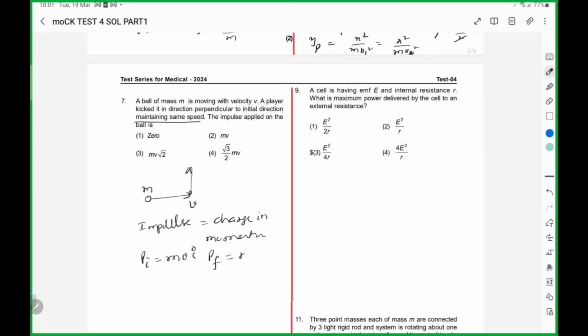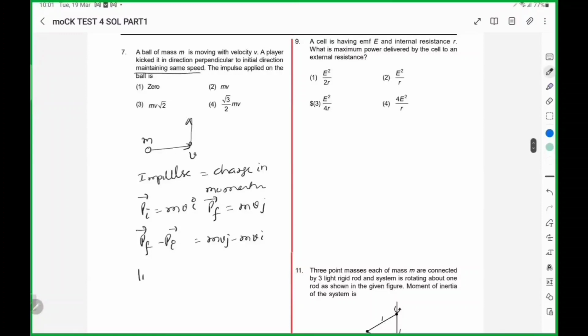P final will be mv in the perpendicular direction. Change in momentum is mvj minus mvi. So P final minus P initial, magnitude, which is root 2 mv.